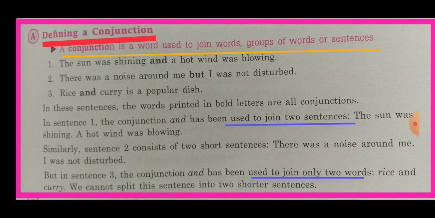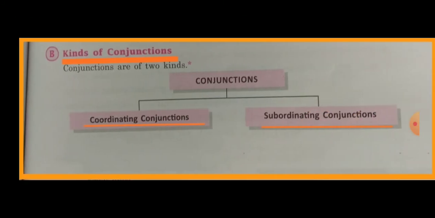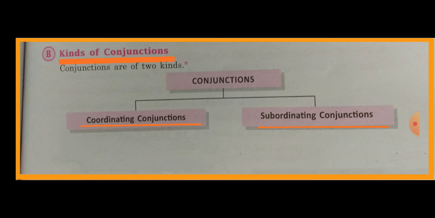Rice and curry is a popular dish. Here, the two words rice and curry are joined by the conjunction "and". So here we have learned that a conjunction can be used to join words, or groups of words, or two sentences.